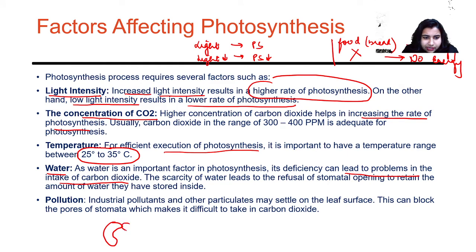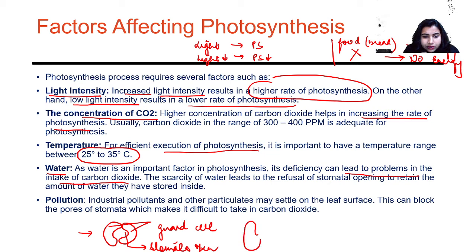This is guard cells, and this is stomata. Now stomata is open, right? And if the stomata is closed, in this case it is closed. So opening and closing of stomata is regulated by amount of water. So scarcity of water leads to refusal of stomata opening.